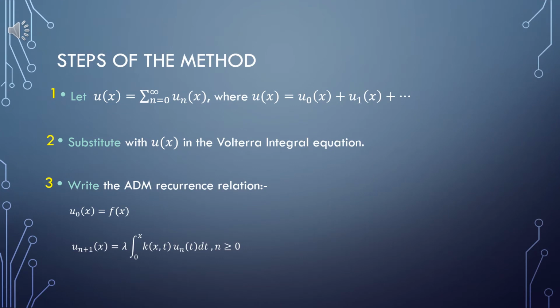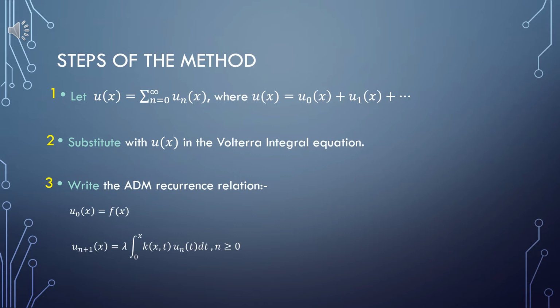As you can see, I consider it a method. So the steps of the method, the first three steps are the same as the Adomian Decomposition Method, and then it differs. First, we let u of x equal to the summation n from 0 to infinity un of x. So when we expand it, we get u of x equal to u0 of x plus u1 of x, and so on. We substitute with u of x in the linear Volterra Integral Equation.